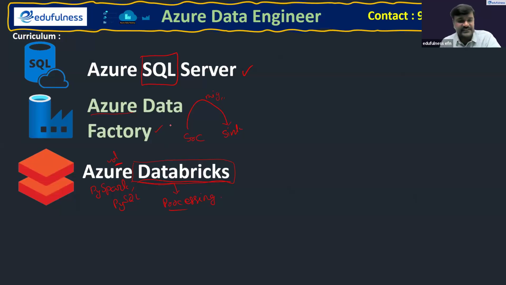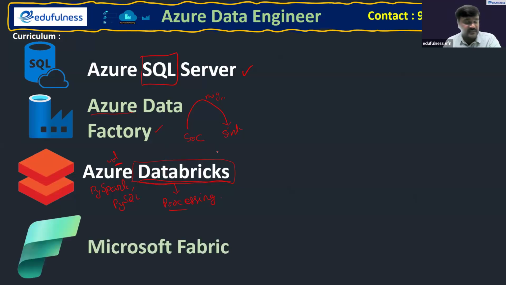So those are the core technologies you need. But the advantage is that nowadays some trending technologies are there, and one of them is Microsoft Fabric. By mastering these three, by going through the portal and practicing some scenarios or concepts, Fabric is automatically going to be mastered.